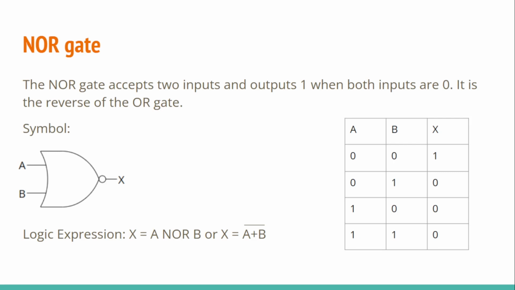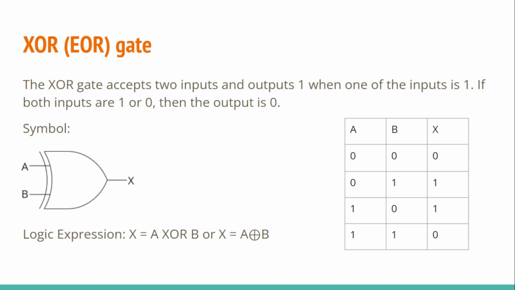And the truth table shows that the output is 1 only when both inputs are 0. The rest are 0.